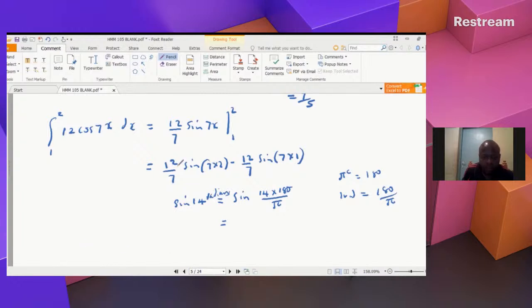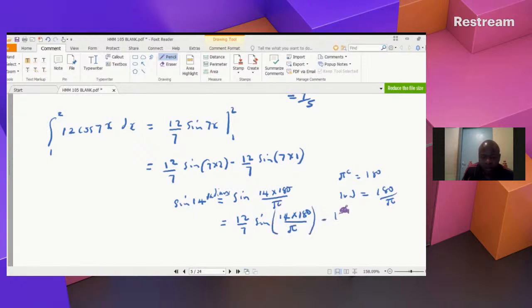So this first part, what did I do? I just wrote it as 12 out of 7 sine of, instead of this 14, 14 times 180 over pi, so that your calculator can do that.